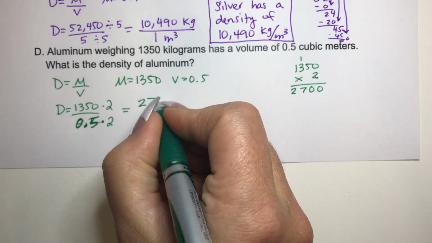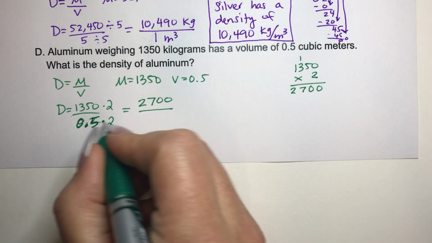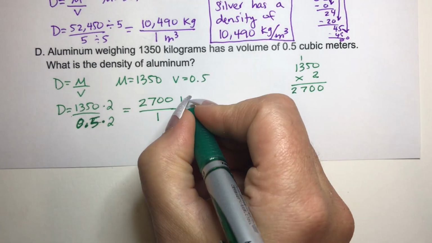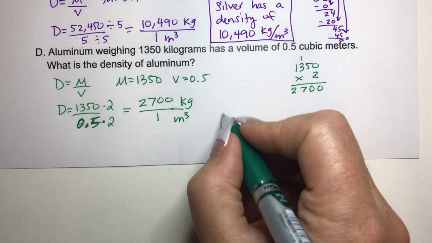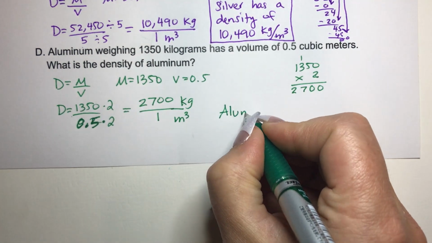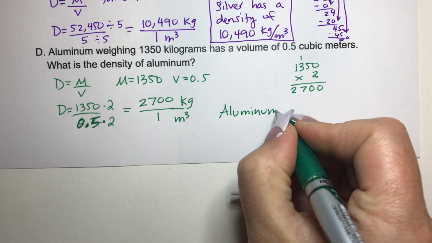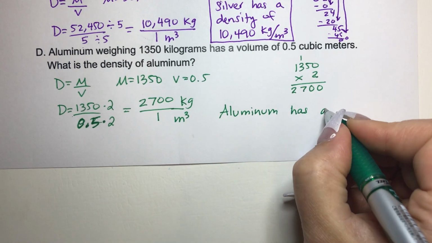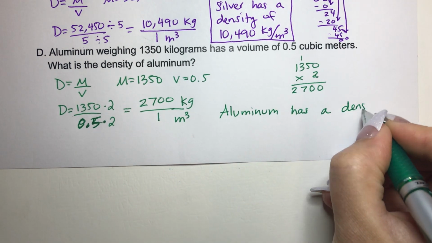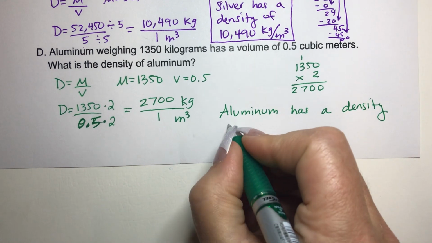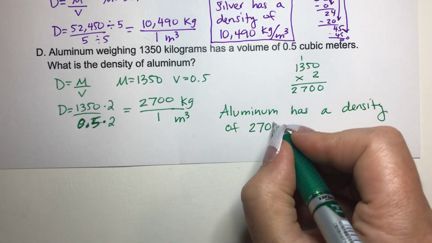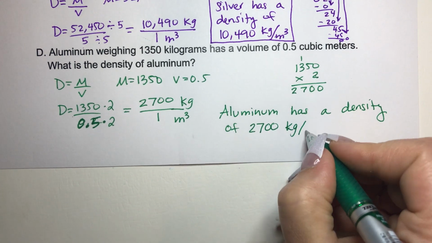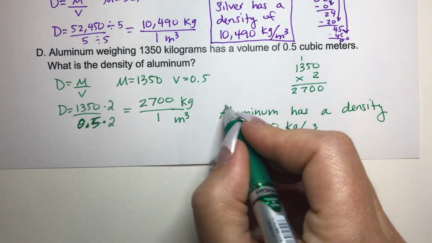So that equals 2,700, and that's over 1, and this is kilograms per meters cubed. So we can say that aluminum has a density of 2,700 kilograms per meters cubed.